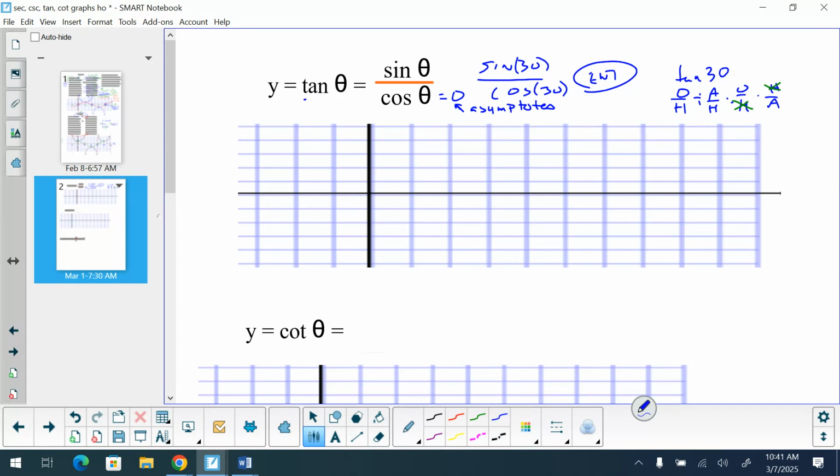So if I'm looking at graphing this tangent, we need to use the cosine as the guide. So if we look at the graph, 90, 180, 270, 360, we have our theta and we have our y, and we're graphing in the cosine.